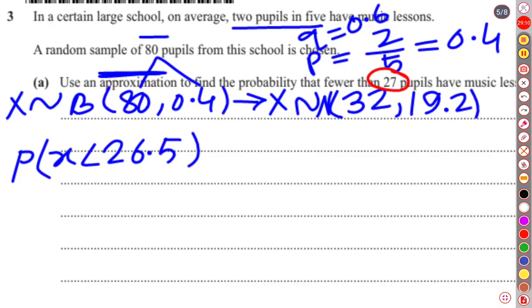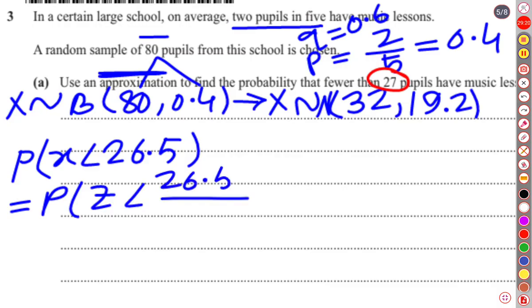Now we will standardize the score as we did in the solution to question number 2. Then z is less than 26.5 minus the mean value. How much is our mean? Our mean is 32, over the standard deviation. Standard deviation is always the square root of the variance.